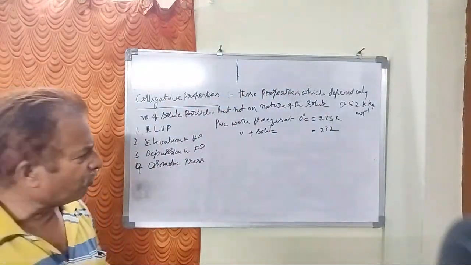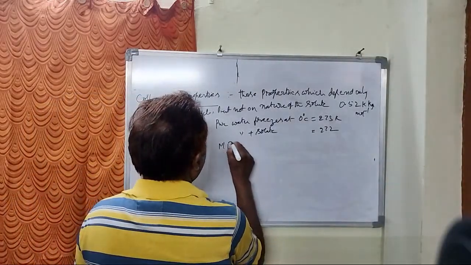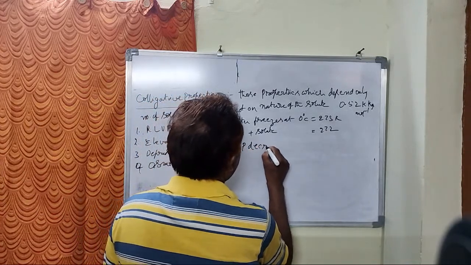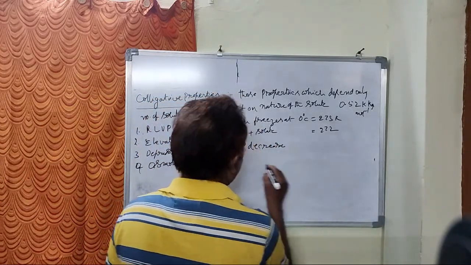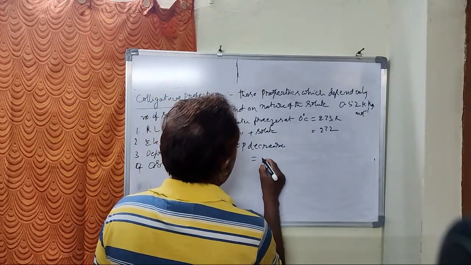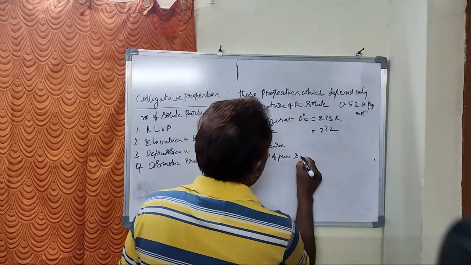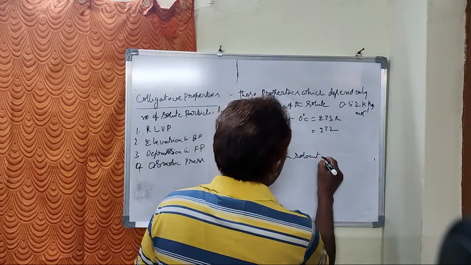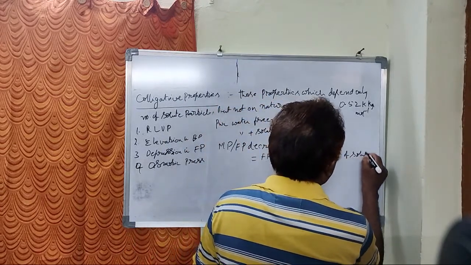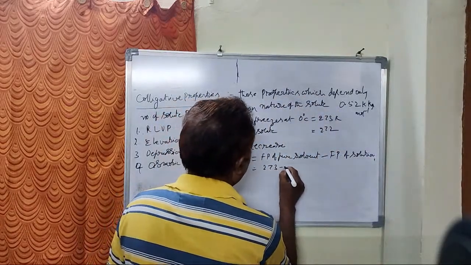That means the melting point decreases to some extent. So the freezing point decreases. The decrease in freezing point is equal to freezing point of pure solvent minus freezing point of solution. So this is 273 minus 272.